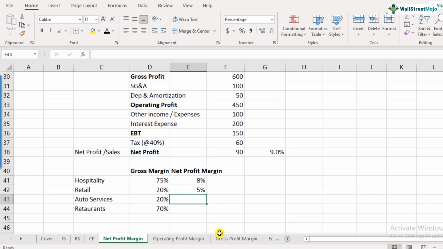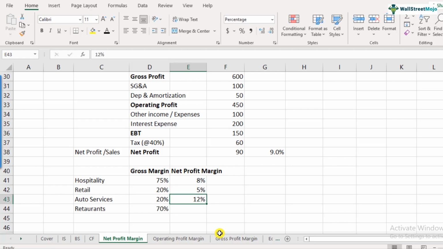For auto services unit, of course, gross margins was very low because the raw material cost and the labor costs are pretty high. But they are not too much dependent on debt, and there's not much into the capital assets. So depreciation and amortization cost for them is also pretty low, and they generate a healthy 12% profit margins, I guess.